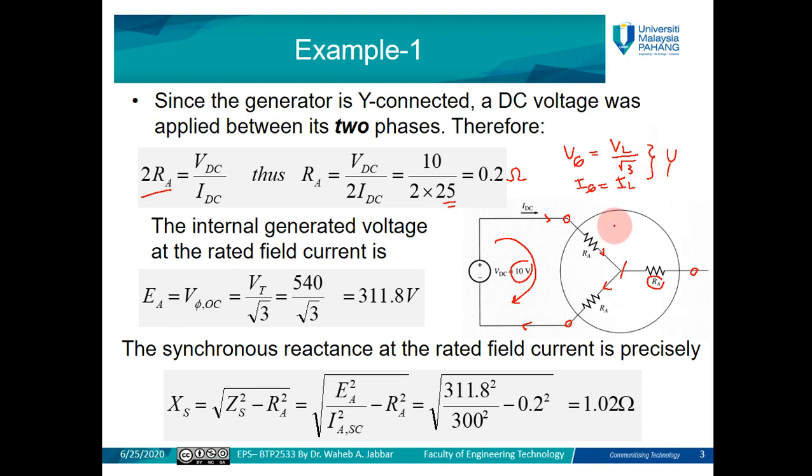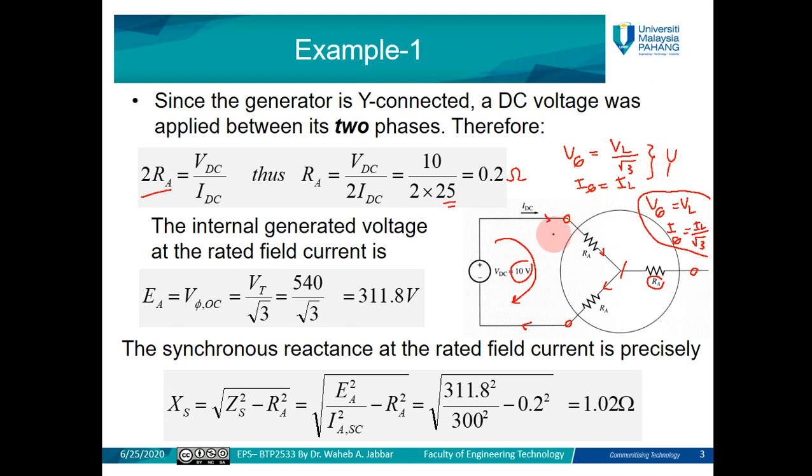In the case of the delta connection, the situation will be V phase equal to V line, I phase equal to I line over √3. Okay, so please take note, this one for delta and that one is for star.